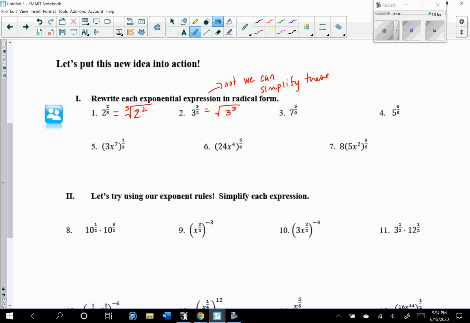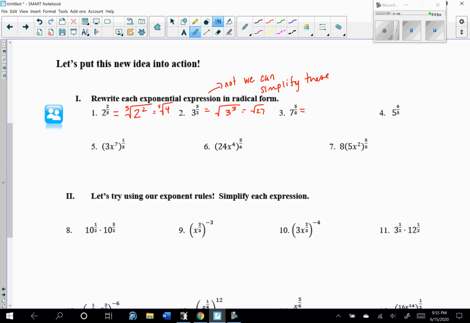And again, these do simplify because really we know 2 squared is 4. So we're just going to leave our answers like this right now. So really we know this is equal to the 5th root of 4. And really we know this is equal to the square root of 27. But again, we're just going to leave our answer with the form we just did, so without simplifying it.